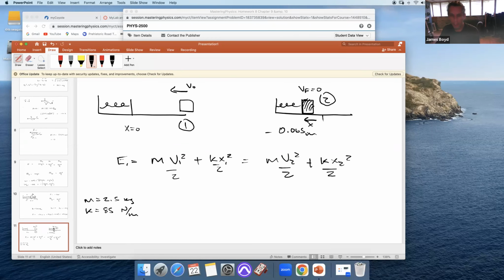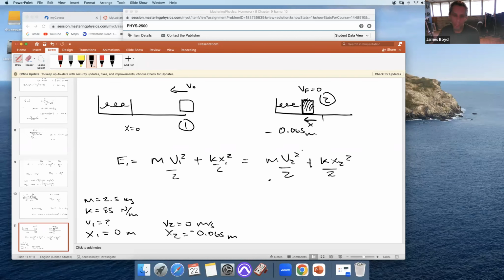And x final, x initial, or x1, I guess I should call it, x1 was 0 meters. x2 is 0.065 meters with a negative sign. And that's all I need. Well, I actually need that v2. v2 is 0 meters per second, and v1, I don't know. So I want to find v1.